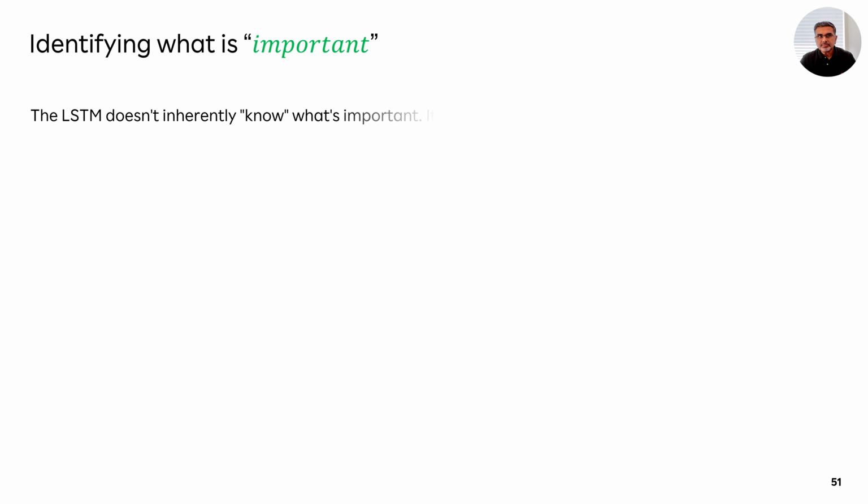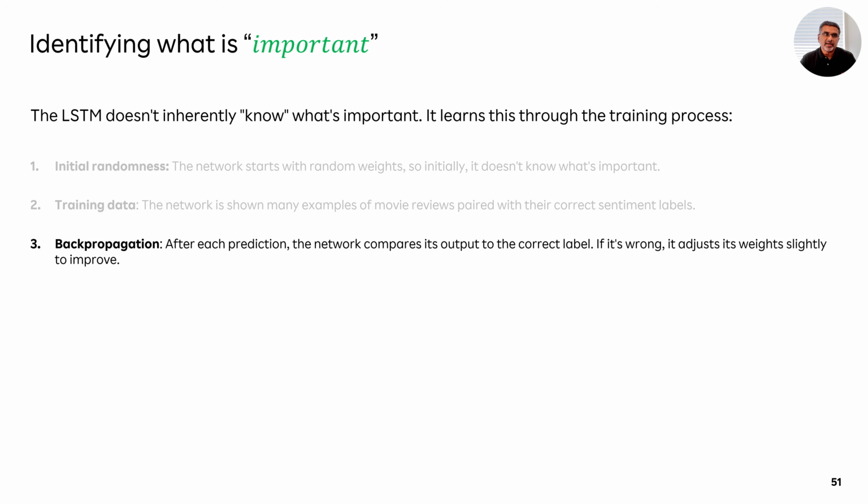Okay. Now let's revisit this important thing again, just as a quick recap. As we said in the beginning, LSTM inherently does not know what is important. It learns this through the training process. Initially, it starts with random data, then it trains. You give it a lot of examples, and then it trains over that. It back propagates, updates its weights, and so on.